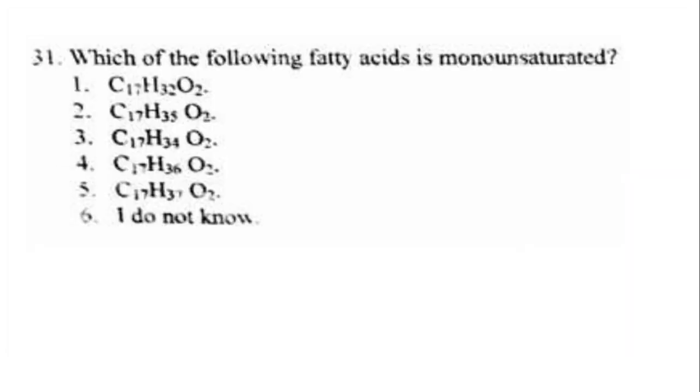Which of the following fatty acids is monounsaturated? The word monounsaturated simply means that it has one double bond.